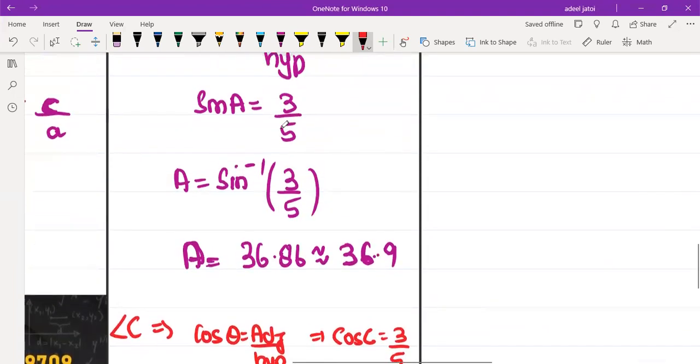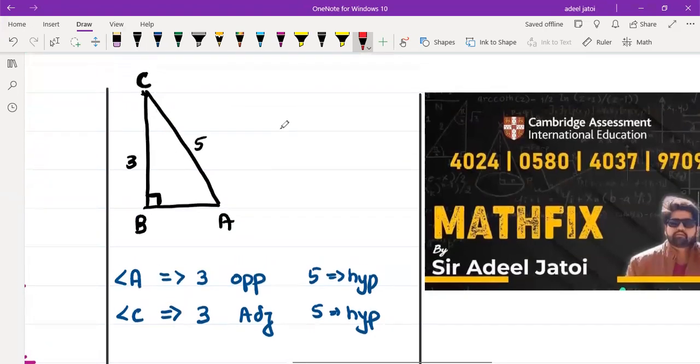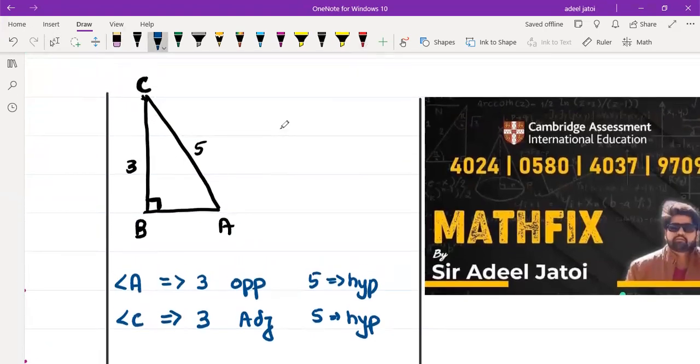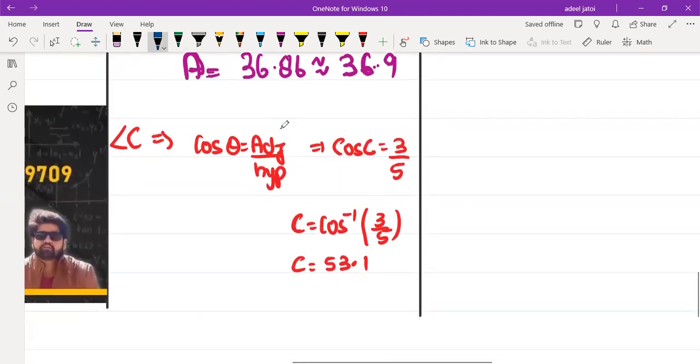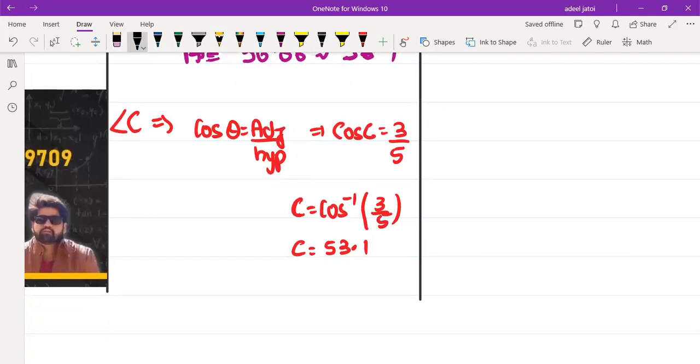Now, if we look at the situation here, we just got to know that this angle is 36.9. We'll draw the right angle triangle right here to understand the concept. Let's say this is your right angle triangle with angles A, B, C. So this was 36.9 and this becomes 53.1.